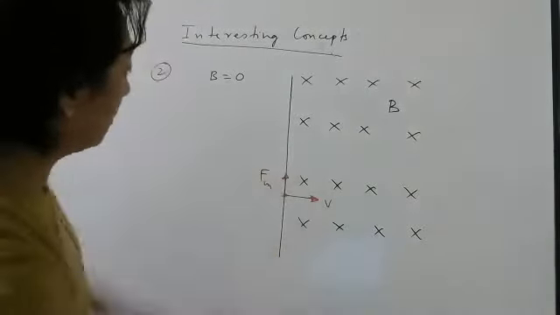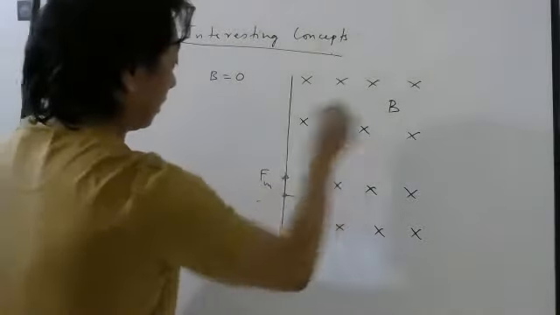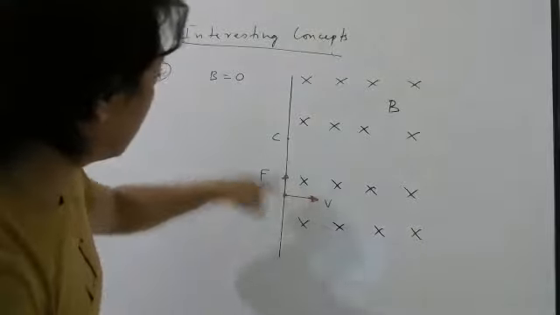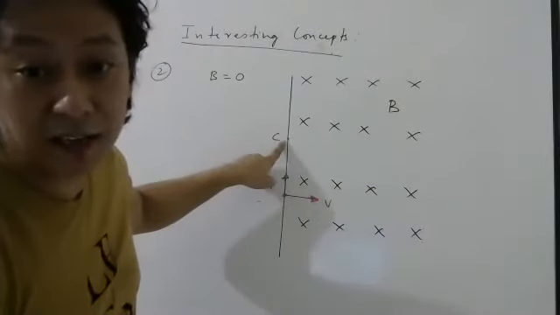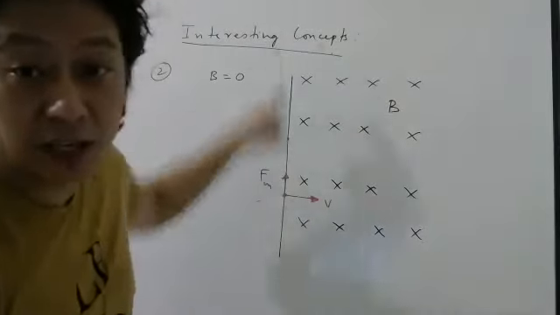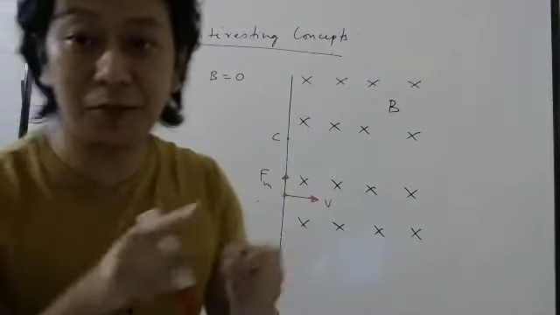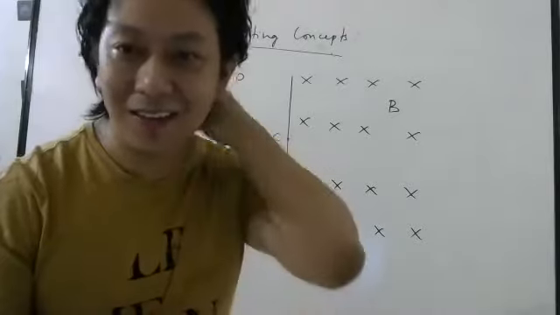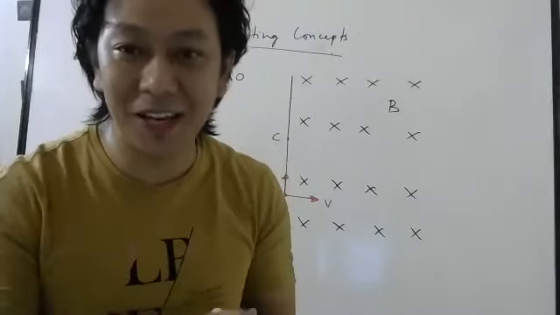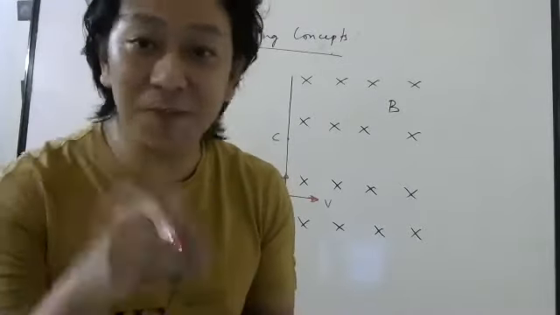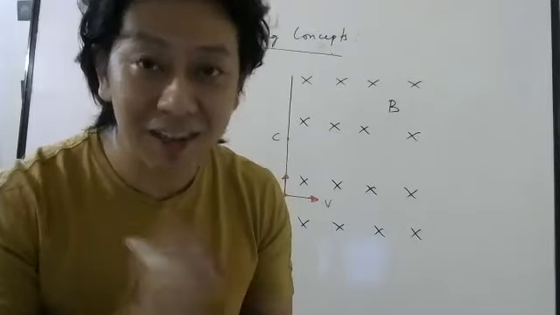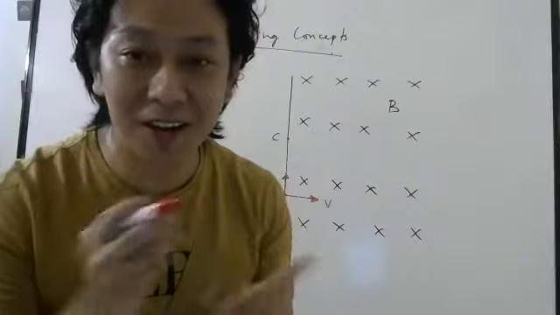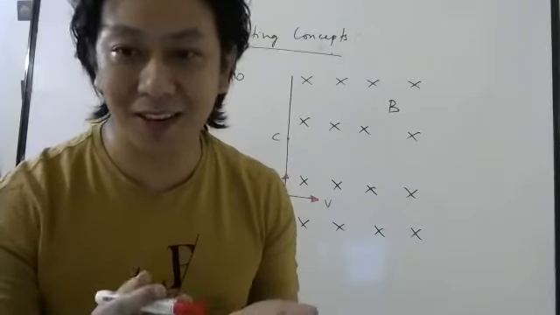So if the force is this way, the center of this circle will be somewhere on this line. Why will it be on this line only? Because the magnetic force provides the centripetal force, and any force which provides the centripetal force must be towards the center, right?